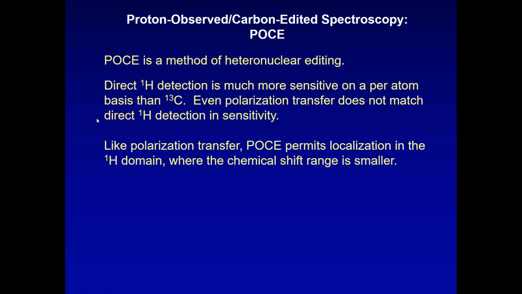Remember that gyromagnetic ratio raised to the 5/2? Well, that's much larger for protons than it is for carbon-13. And the polarization transfer, as good as it is, doesn't match the direct detection in sensitivity. And we still can do our localization in the proton domain, so we cut down on the chemical shift dispersion artifacts.